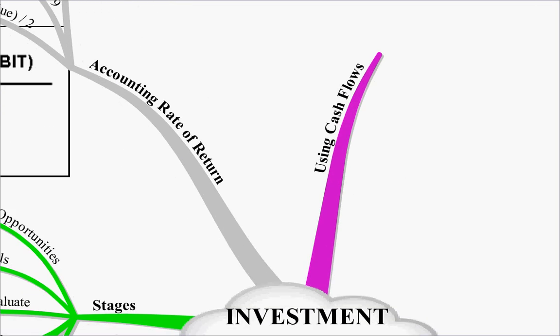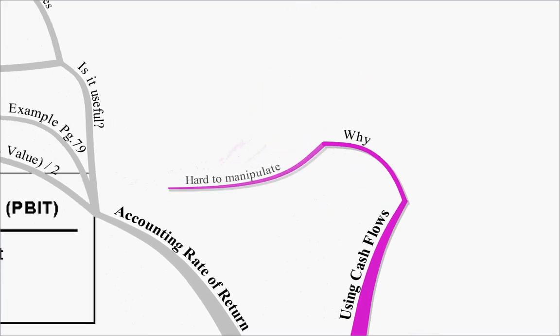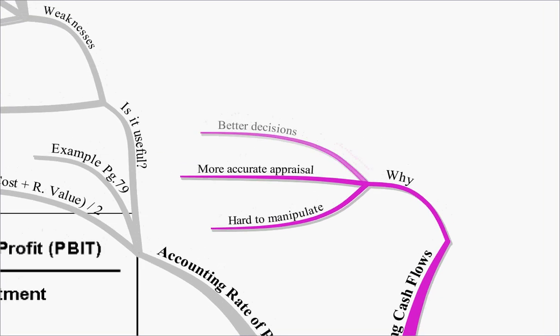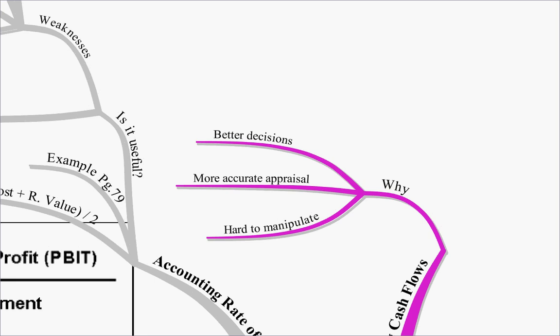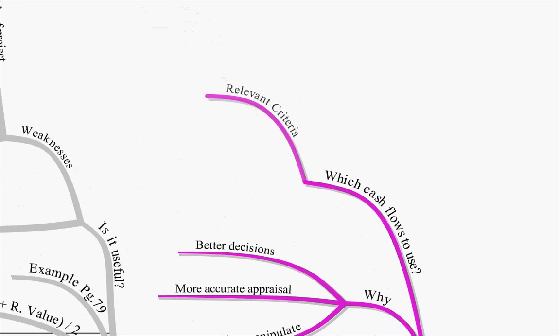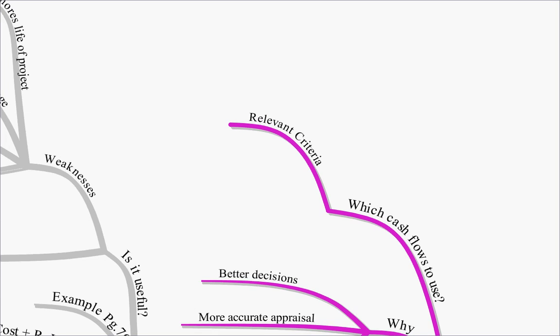So what if we want to use cash flows to eliminate the problem of profit being manipulated? Well, why would we do this? Again, it's hard to manipulate, it's a more accurate appraisal, and it leads to better decisions. Which cash flows will we use? Well, remember our relevant criteria. There were 3 of these.